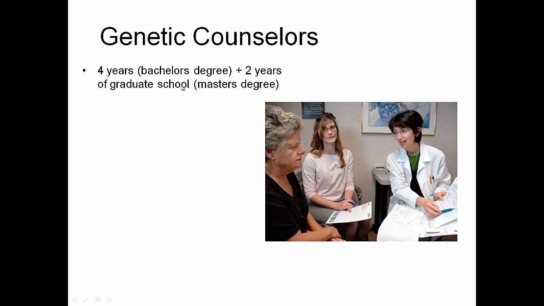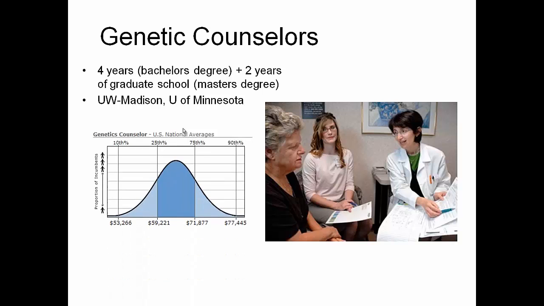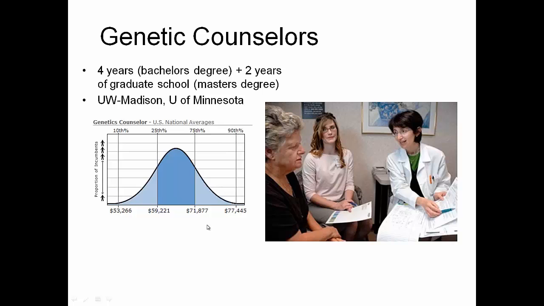It's a 4-year bachelor's degree, normal college term, and then 2 years after that of graduate school, which is a master's degree. Some neat places nearby that have this would be Madison and the University of Minnesota. Salary, if you're interested in salary, median income is in the $60,000 range. On the high end, you can make over $70,000.